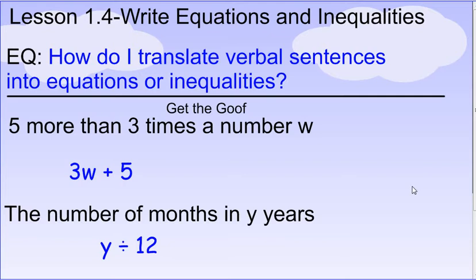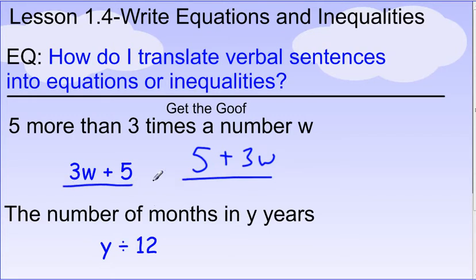So, we have two verbal expressions from the last lesson. The first one says 5 more than 3 times a number w. Technically, this is correct, and that is correct as well.